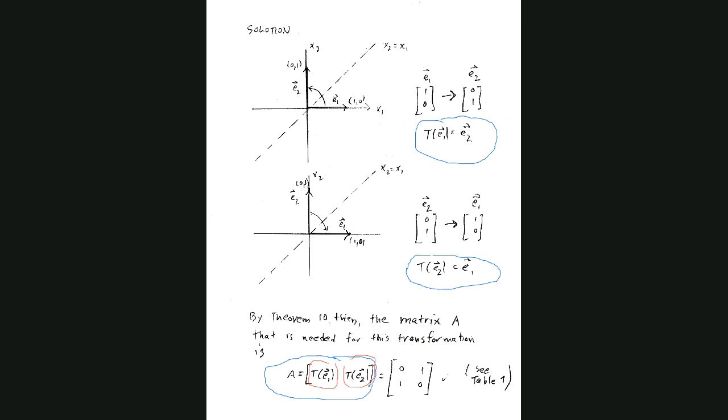So in Table 1 in Section 1.9, they had a goldfish that was getting transformed in different ways, on pages 74 to 75.